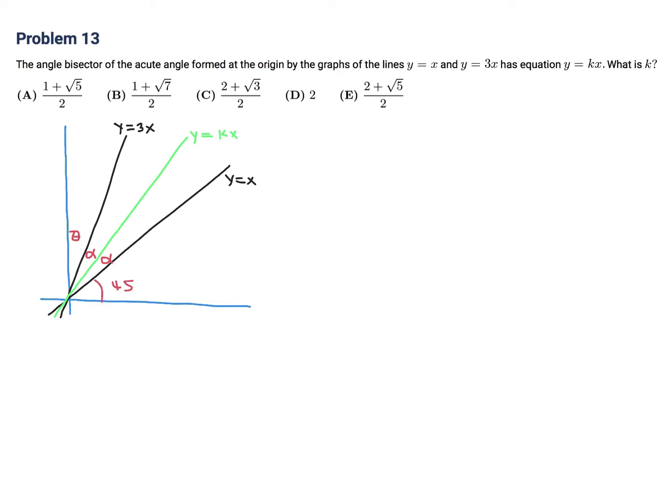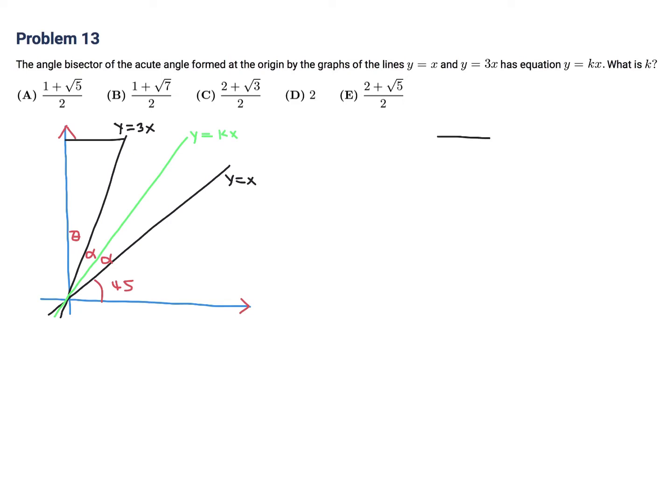Because y equals x basically goes right down the middle of the 90-degree angle that is created by the x and y axes. Okay, so that's a pretty decent start. Now, without making this diagram messy, I'm going to concentrate on a few things. We're going to draw a little triangle here.